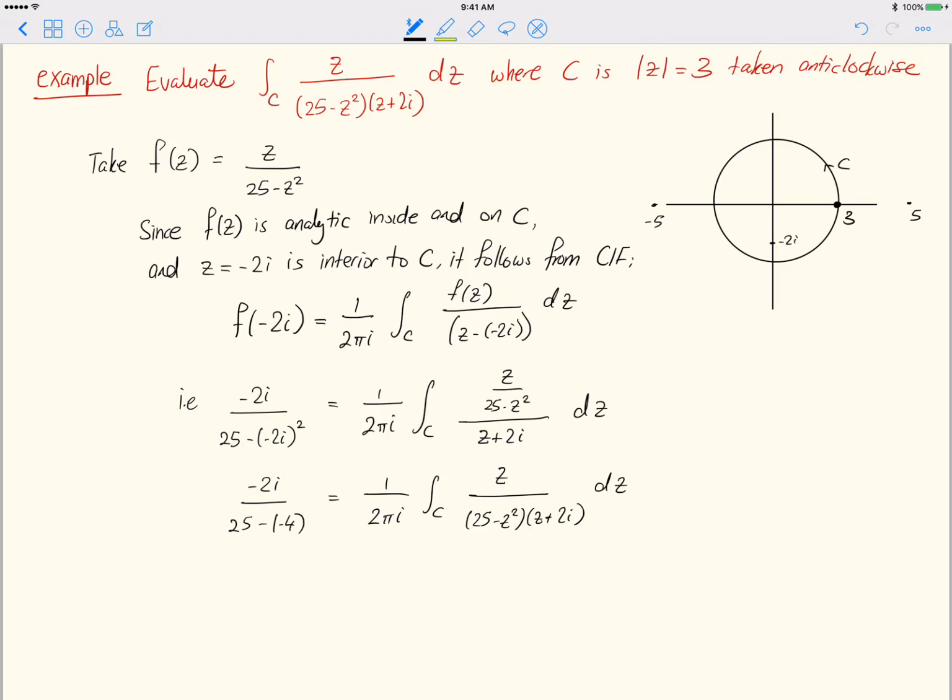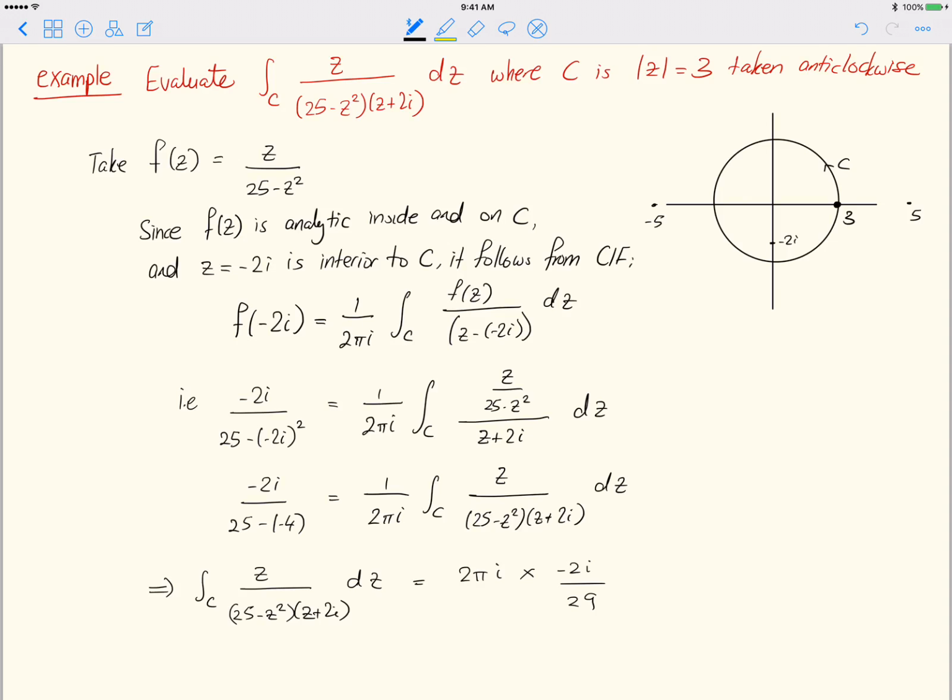Right? And now I can just rearrange and simplify to get my answer. So therefore, that integral which they gave me is going to equal 2 pi i times what I have on the left here, which is negative 2i on 29.